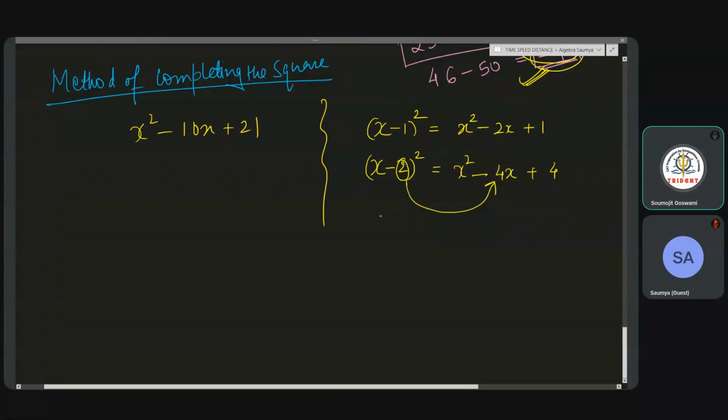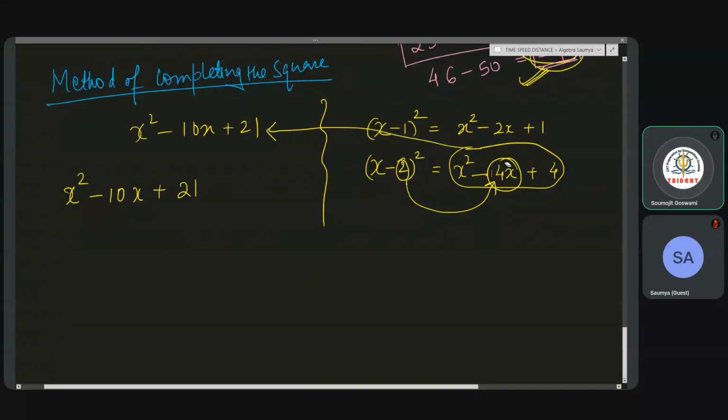Now let's compare this equation with this one. If we compare, we can write it like this: x square minus 10x plus 21, let's keep it at 21 also, just for the sake of it. If you are understanding what I'm saying, this is 4x, half of that should be written in the squared form, so I can write it like this, x minus 5 the whole square.